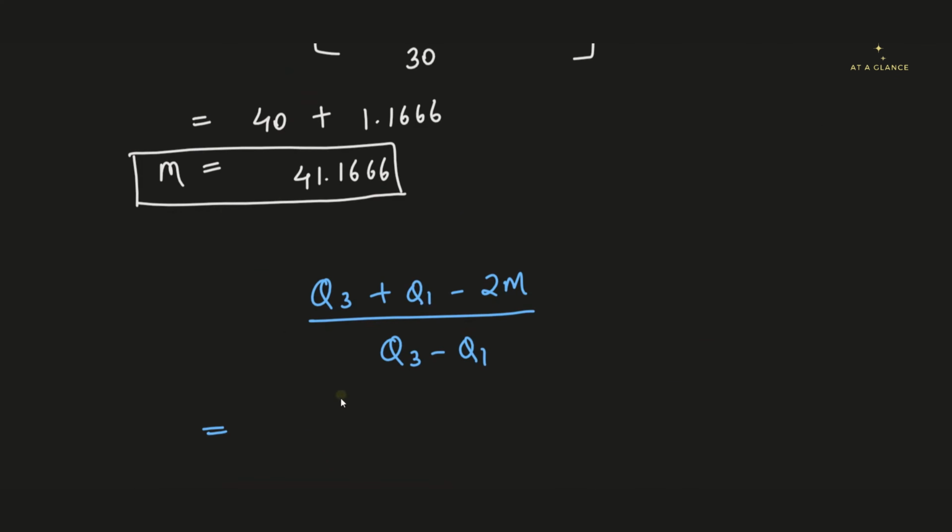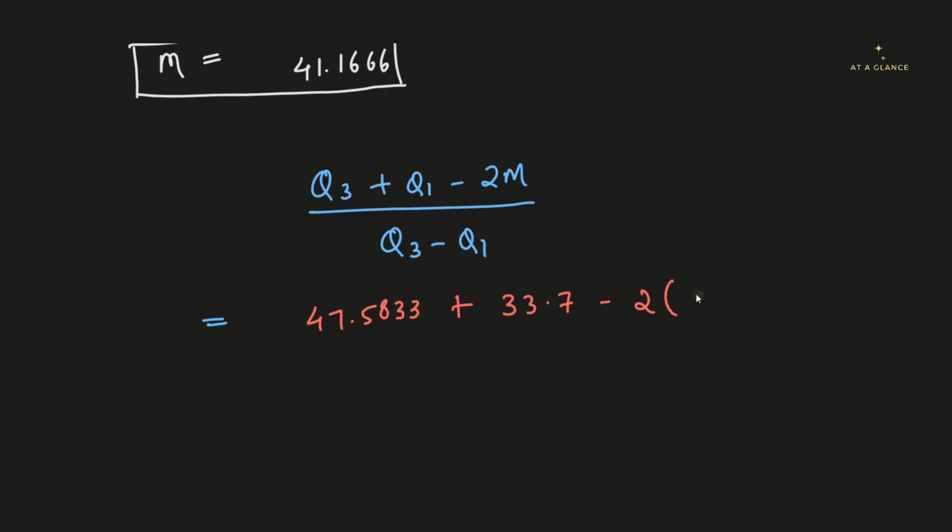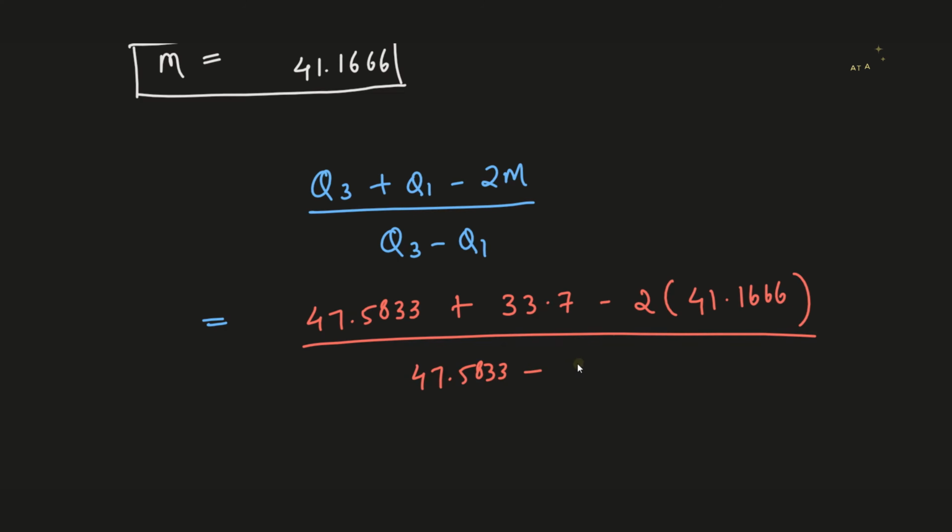Let's write it. 47.5833 plus the Q1 value, 33.7, minus the median value, which is nothing but 41.1666, divided by Q3, that is 47.5833, minus the Q1 value, 33.7.